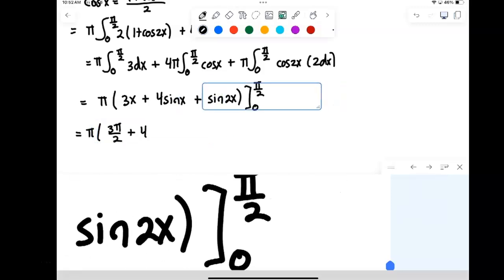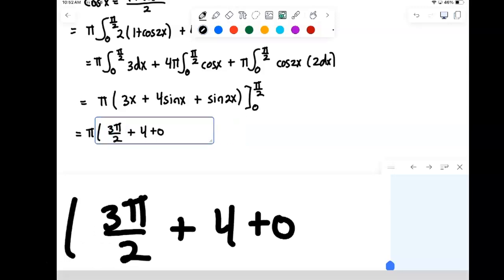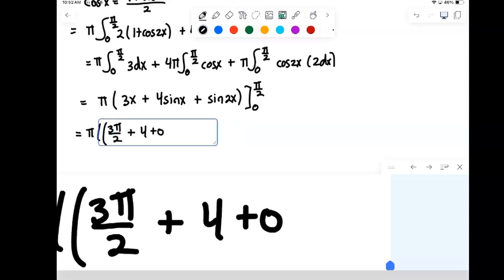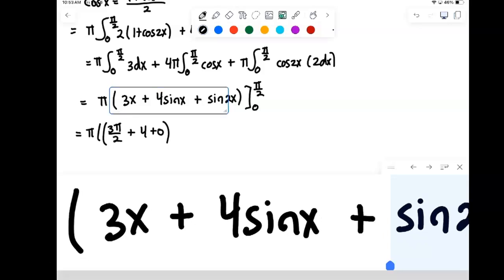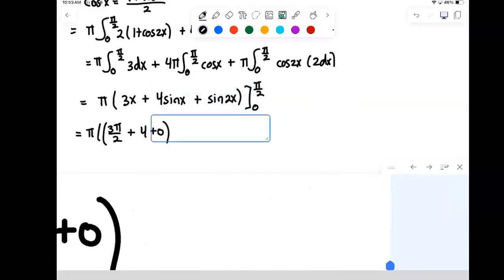And when I plug in 2x, 2 times pi over 2 will be pi. Sine of pi is 0. All right, so that's that part. And then when I plug in 0, 3x will be 0. Sine of 0 will be 0. Sine of twice 0 will be 0, so that's all going to be 0.